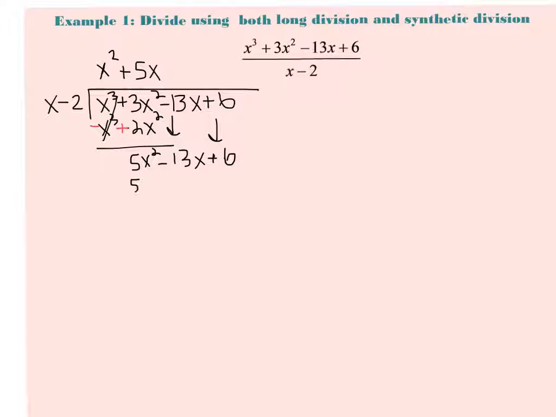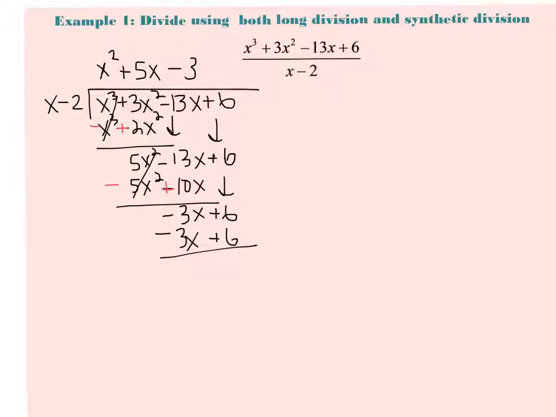So I'll get 5x squared minus 10x. Subtract again, that's a minus, that's a plus. So we get negative 3x, bring down plus 6. Finally, negative 3 will give us negative 3x plus 6. And subtracting in this case gives us a remainder of 0.